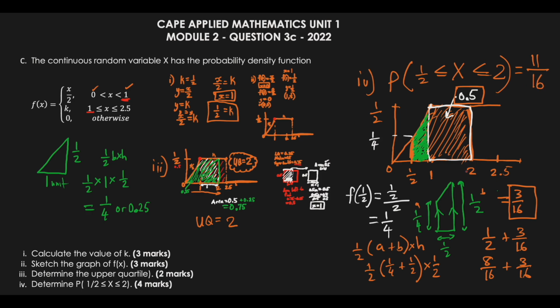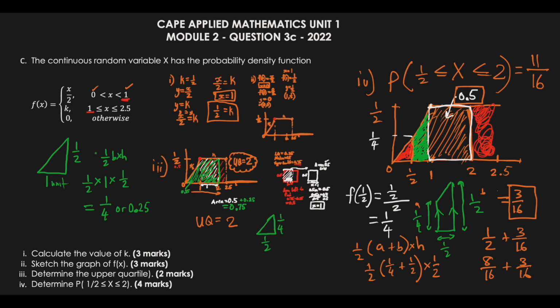Another way of doing this question is we could have found the area of this here and the area of this piece here, add them together, and then subtract it from 1. We would have gotten the same answer. Just to do that quickly, let's look at the area of this first one. The first one here is going to be a triangle like this. From here to here is half, and the height is a quarter.